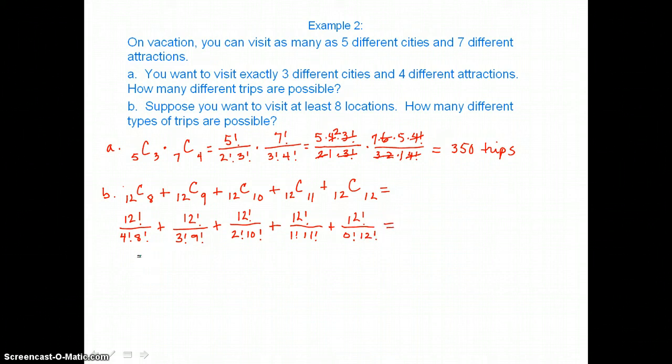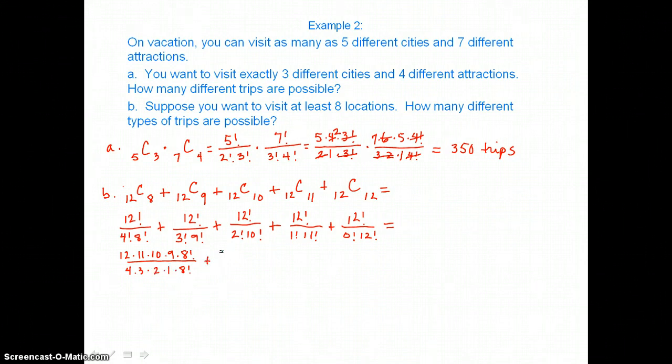Okay, and now we need to expand. So in our first term, we have 12 times 11 times 10 times 9 times 8 factorial in the numerator. In the denominator, I have 8 factorial, and I have 4 factorial, which is 4 times 3 times 2 times 1.